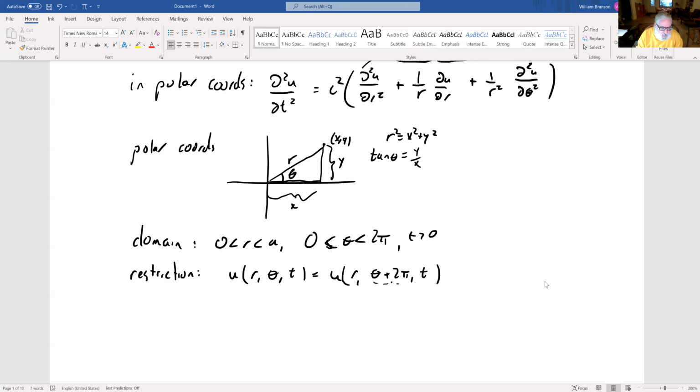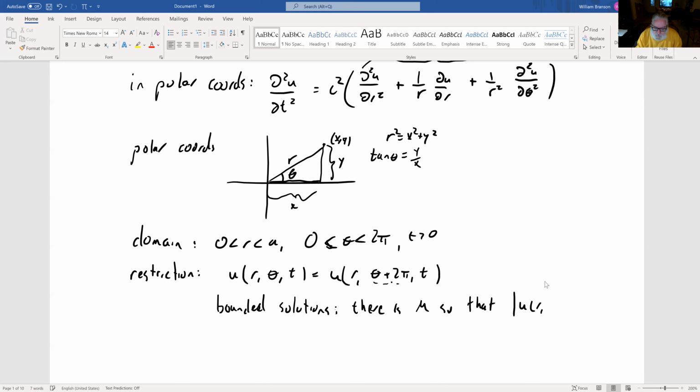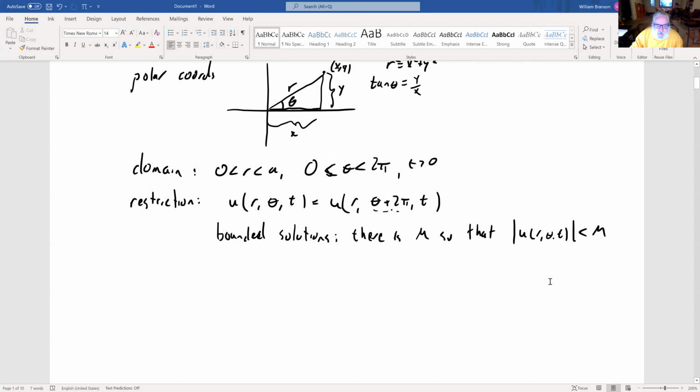And we also need bounded solutions. There should be some positive number so that the absolute value of u is always less than that positive number. And we'll talk about that a little bit when we get to the idea of this particular problem.